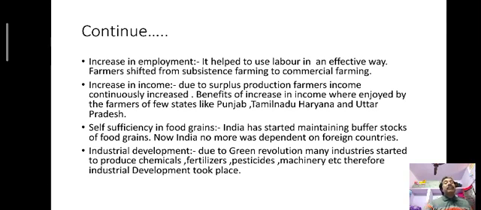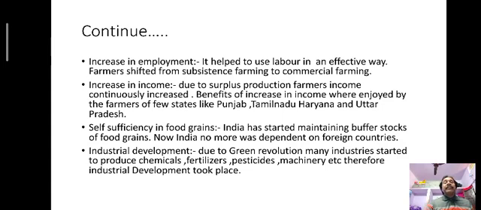Now come to the industrial development. This is the most important chapter: how the agriculture helped in the development of industries. As we know, due to the Green Revolution, many industries were started in our country to fulfill the demand of agriculture, such as chemicals, fertilizers, pesticides, machineries and so on.